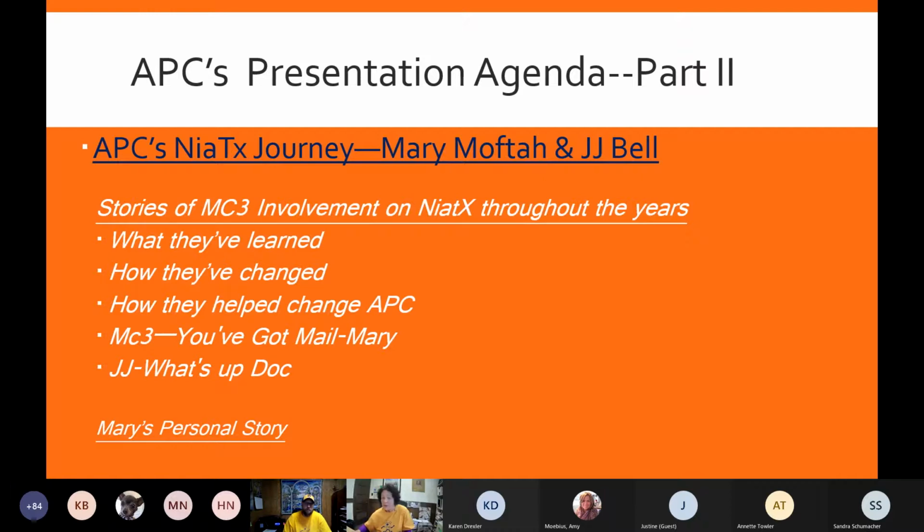Then we're going to move on to Mary Mafta and JJ Bell, who are two of our very excellent change agents. All of our change agents are excellent. Everybody at the table that's come into the life of the change agent is awesome. But Mary and JJ have taken MC3 and NIATEX projects to a whole different level.